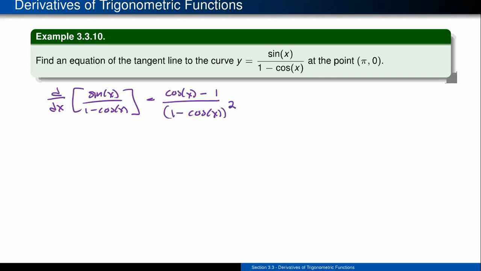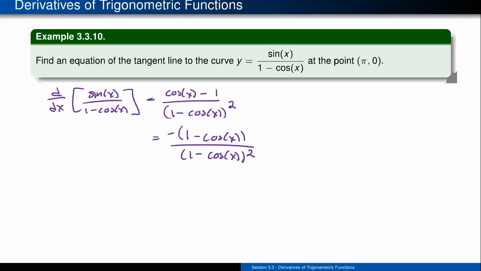You can see that the top and the bottom, like I said, are very similar. They're just off by a negative. If I factor a negative sign out of the top, what I'm left with is a negative cosine of x and a positive 1, and writing that in the other order is going to look like this. And then I have the exact same expression on the bottom.